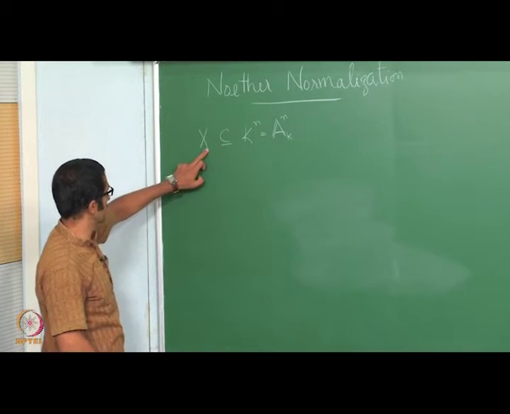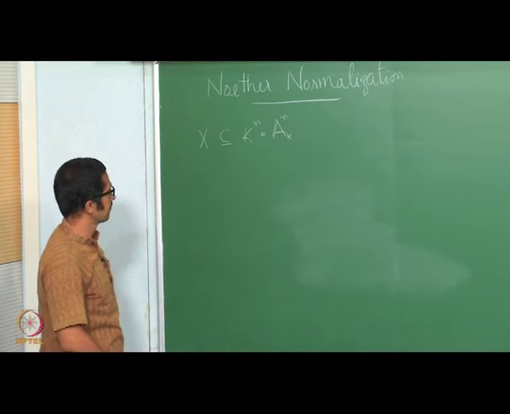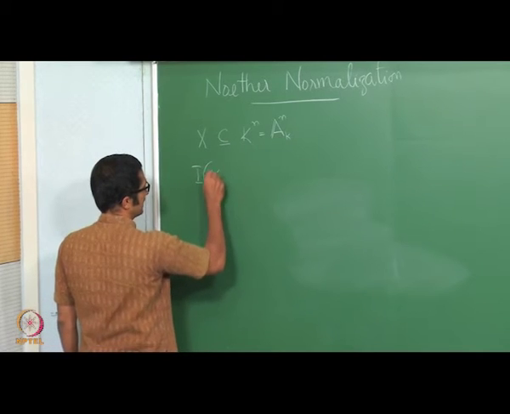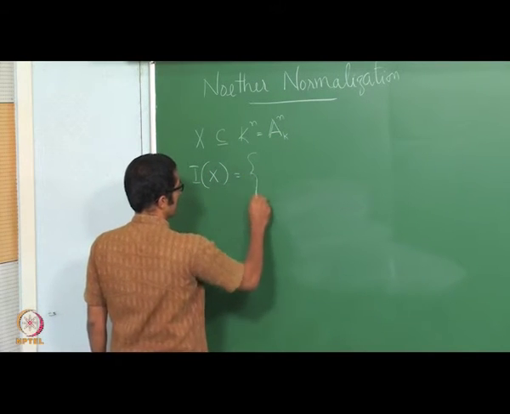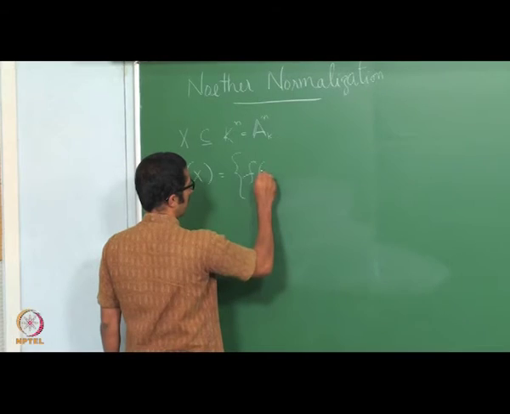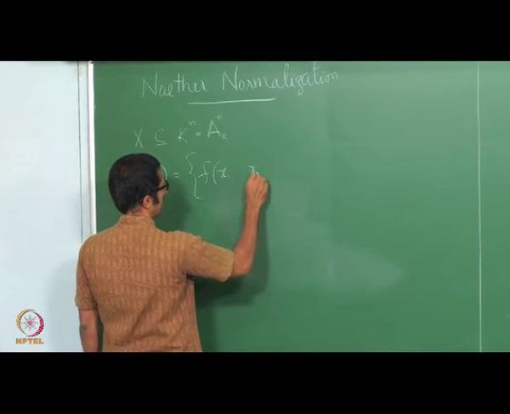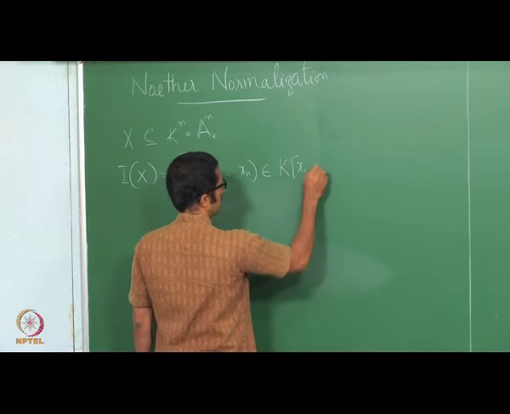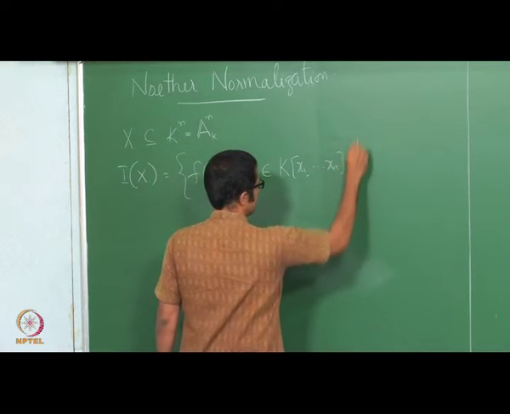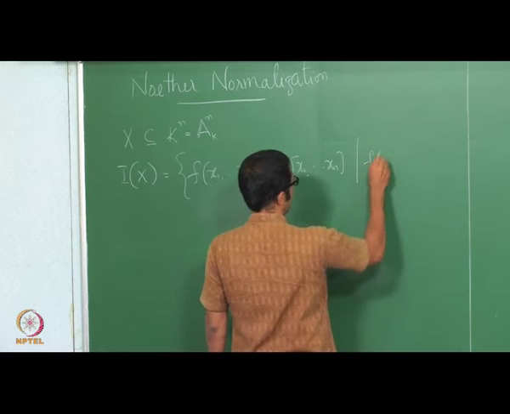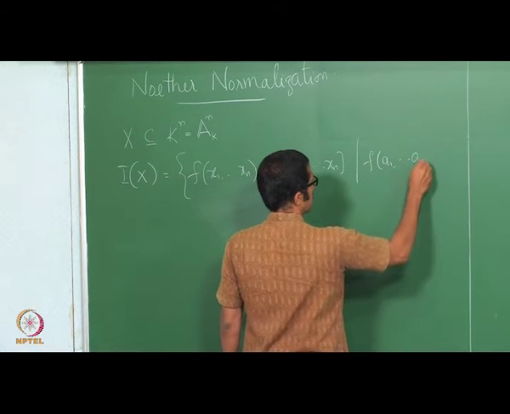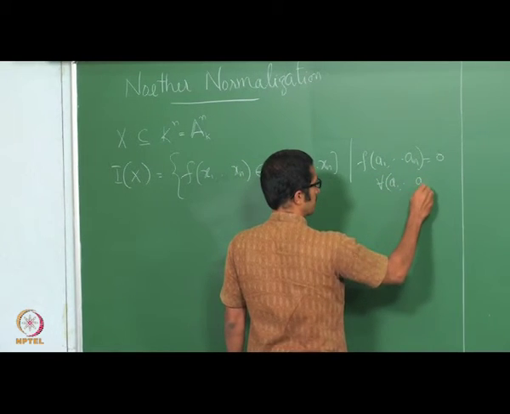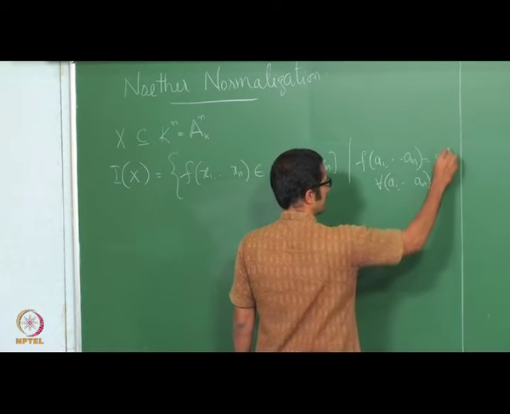If you have a subset X of K^n, then I can define the ideal I(X) to be the set of all f(x1, ..., xn) in K[x1, ..., xn] such that f(a1, ..., an) is 0 for all (a1, ..., an) in X.